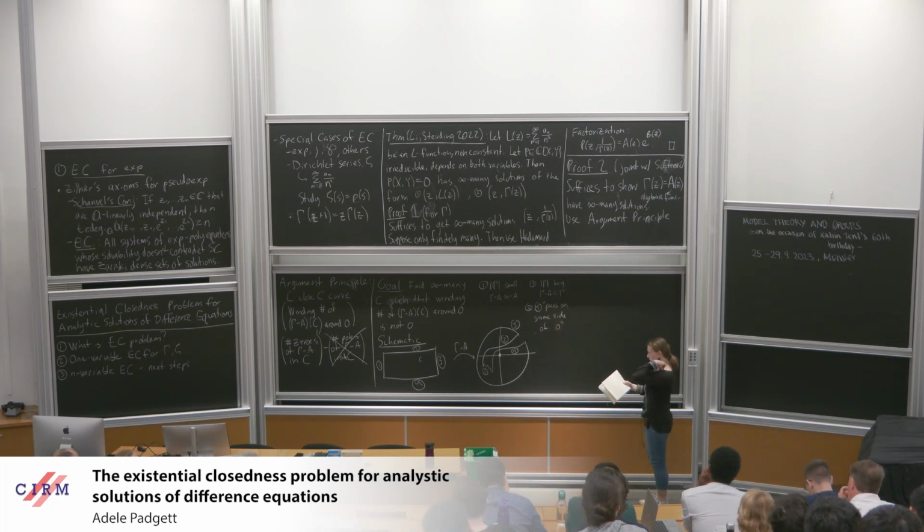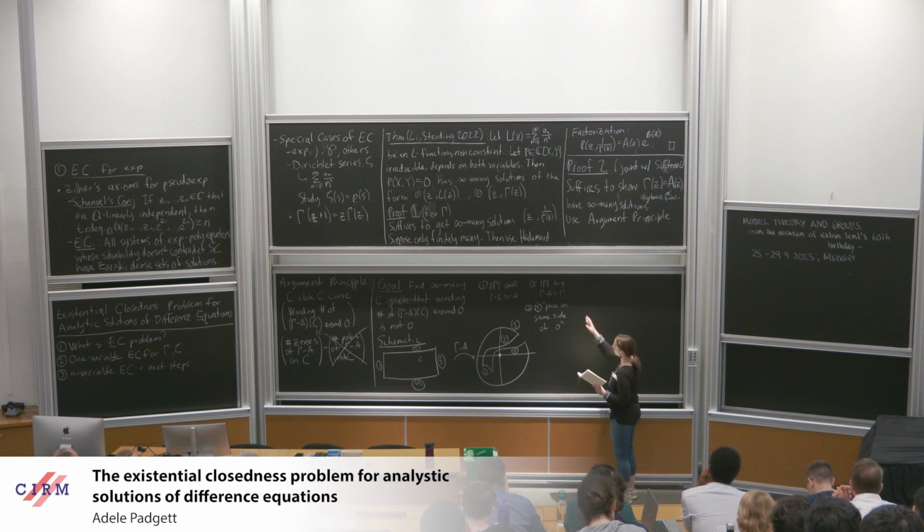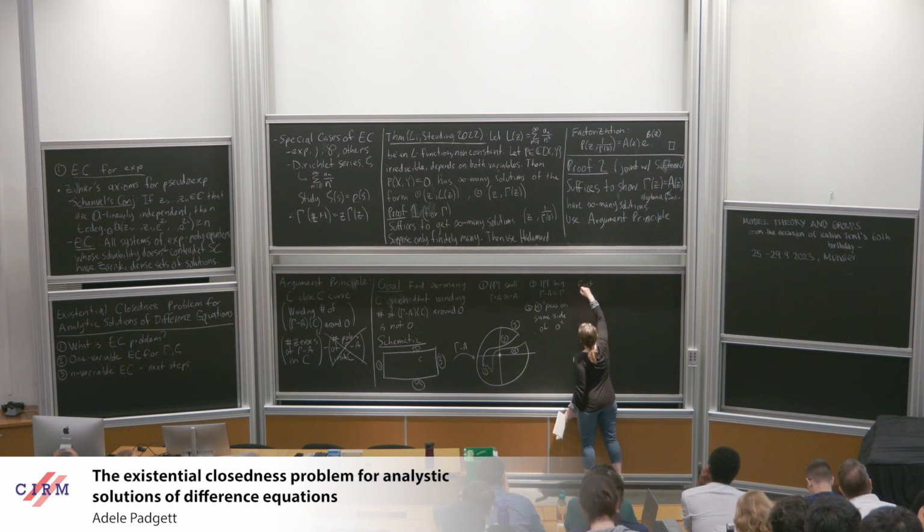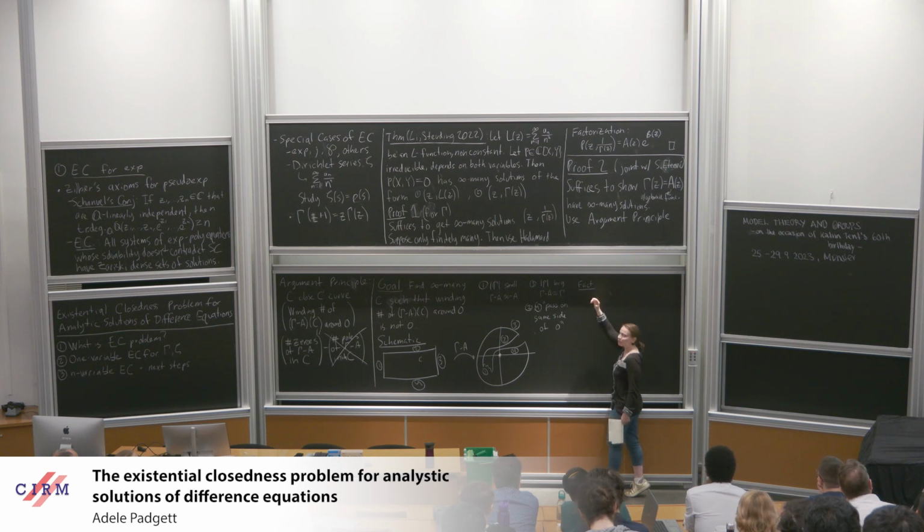Okay, so in order to figure out what this picture needs to look like, we need to know a little bit more about the gamma function. There's an infinite product representation of gamma due to Weierstrass.